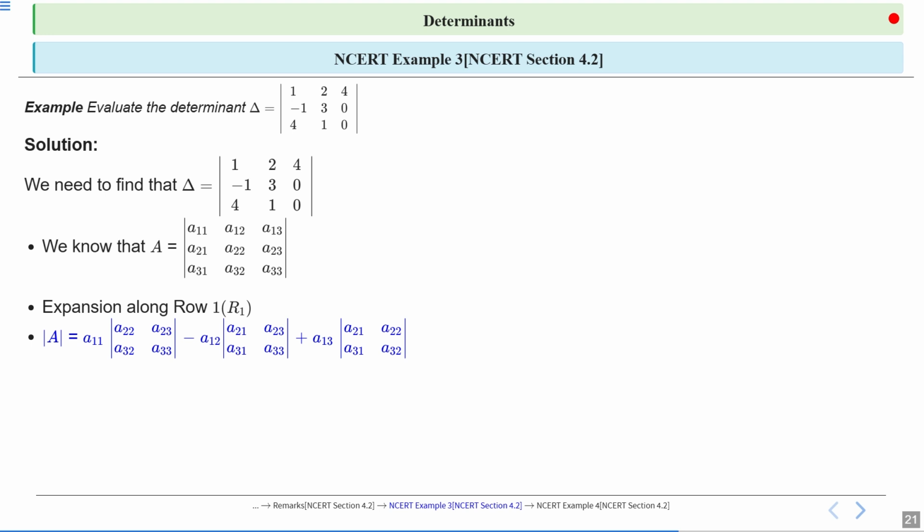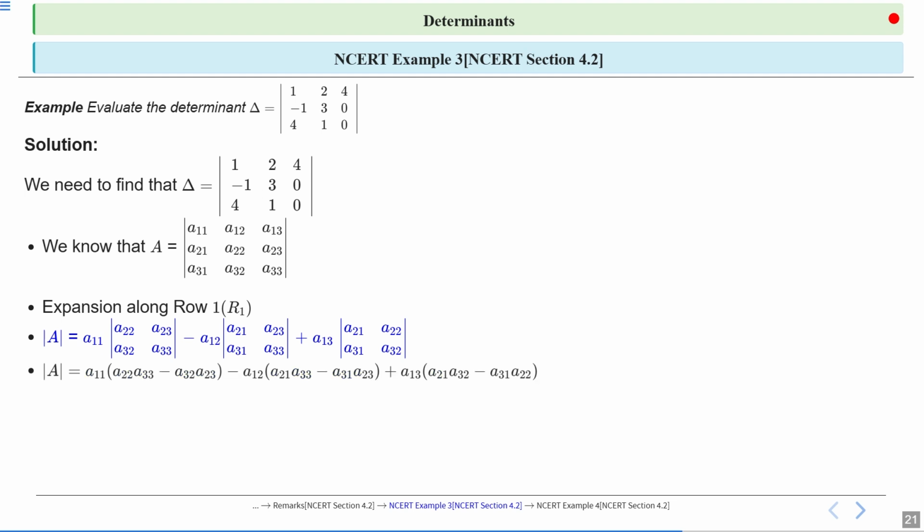Then a minus sign, where minus comes from (-1) to the power i plus j, and since i and j are here 1 and 2, and 1 plus 2 is odd, (-1) to the power i plus j becomes minus 1. Then element A12 and the determinant obtained by cancelling the first row and second column. Similarly for A13 we get a plus sign, because 1 plus 3 is even, plus A13 and the determinant of the 2 cross 2 matrix obtained by cancelling the third column and first row, that is A21, A22, A31, A32.